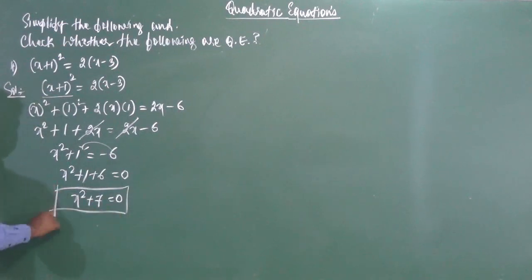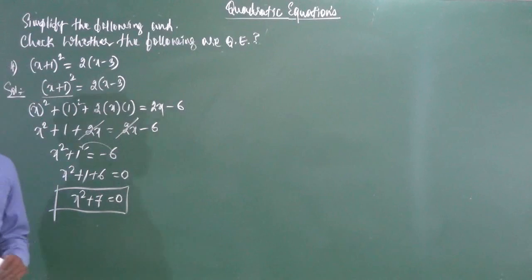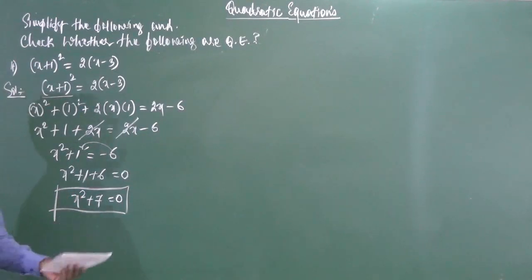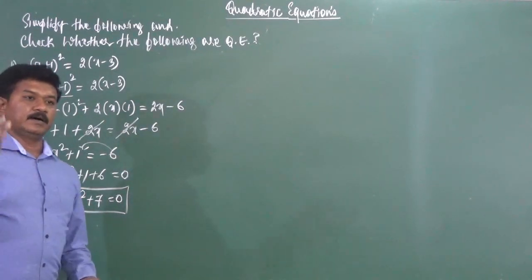So is this a quadratic equation or not? It is a quadratic equation because the degree of the variable exists in degree 2 only. Therefore, what type of quadratic equation is this? Is this affected or is it pure?